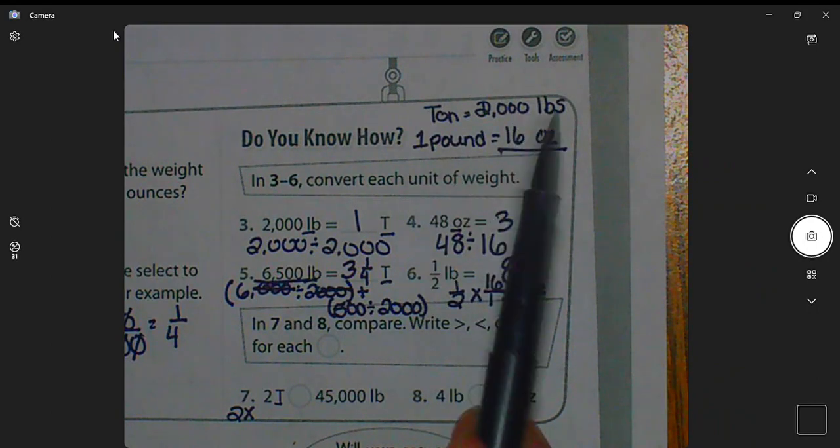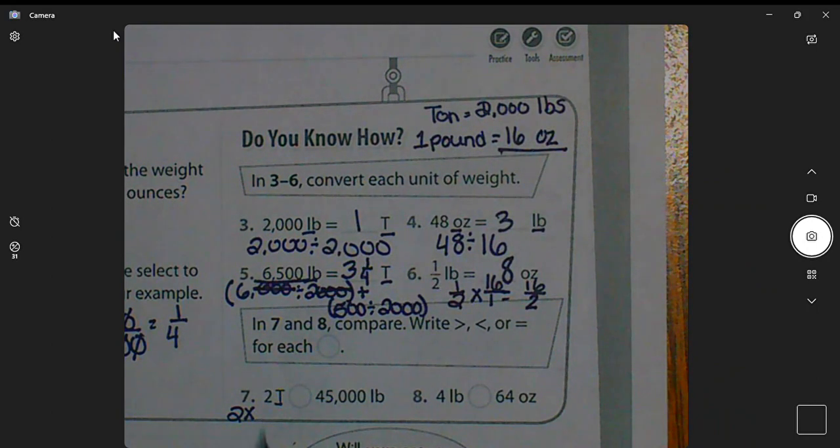Yeah, 2,000. So 2 times 2,000 equals 4,000. Now, 4,000, is that greater than, less than, or equal to 45,000? You are correct. It is less than.